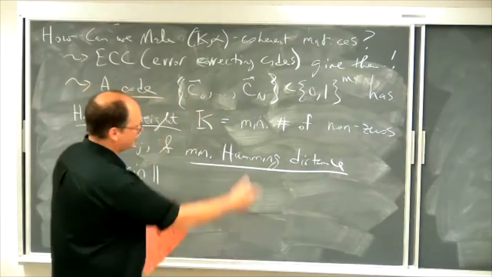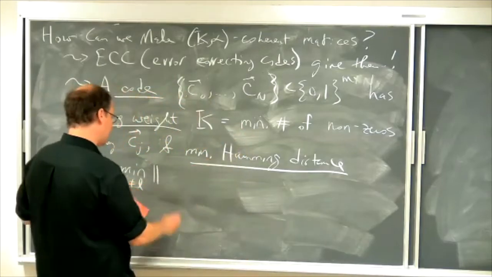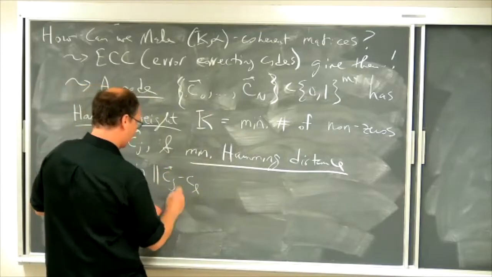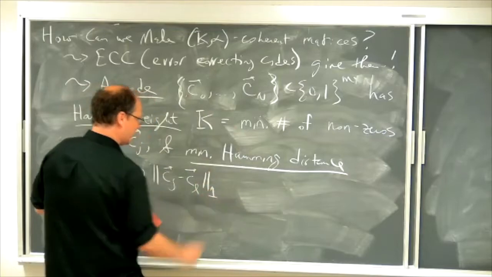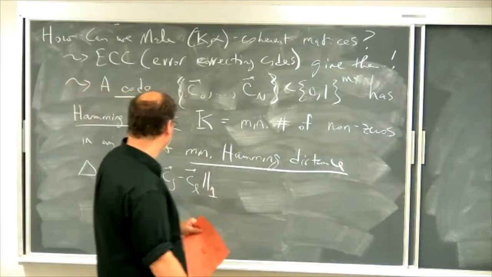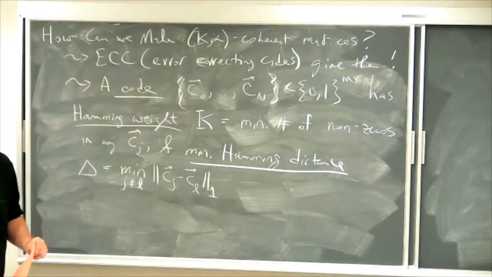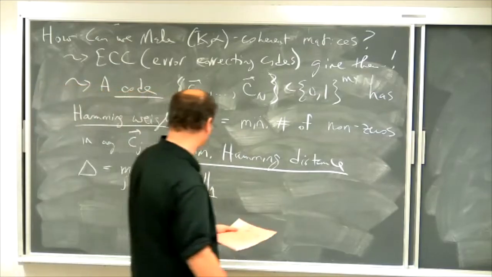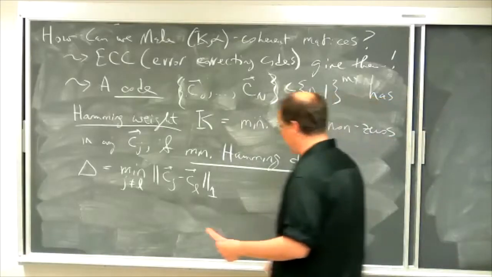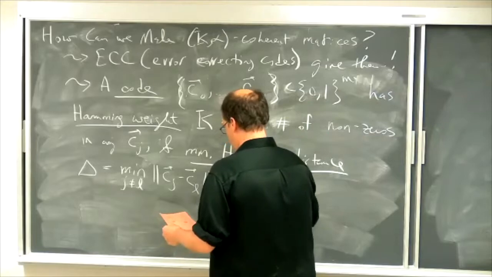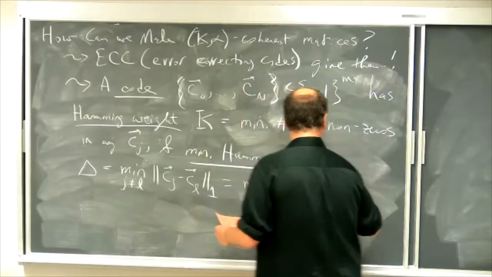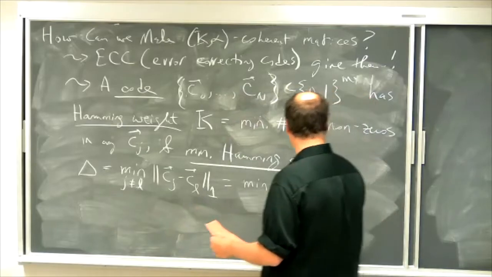Since these are codes over 0 and 1, that's just going to be the difference of these two guys in L1 norm, if you want to write it that way. That's the number of places where these guys disagree. That's the Hamming distance. Bigger Hamming distance is a better code. So this is the minimum number of entries where any two code words disagree.